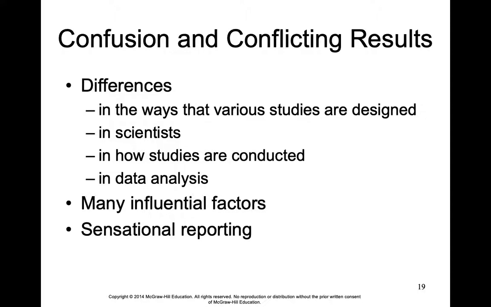And because there are so many other impacting factors on human health, it's really impossible to eliminate those from all of our studies. So the reason why we keep getting these conflicting results is because I don't think that we've identified all the things that affect human health.